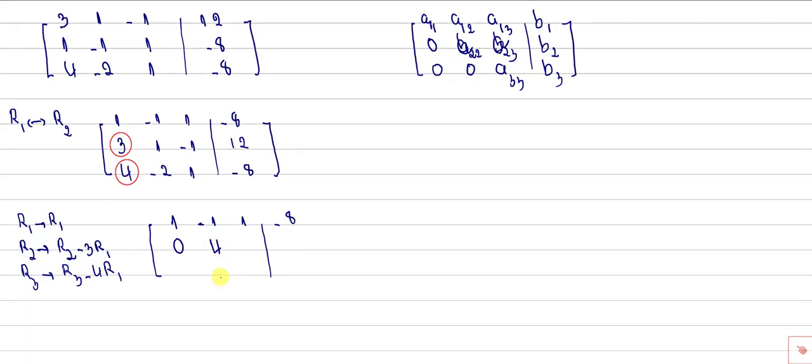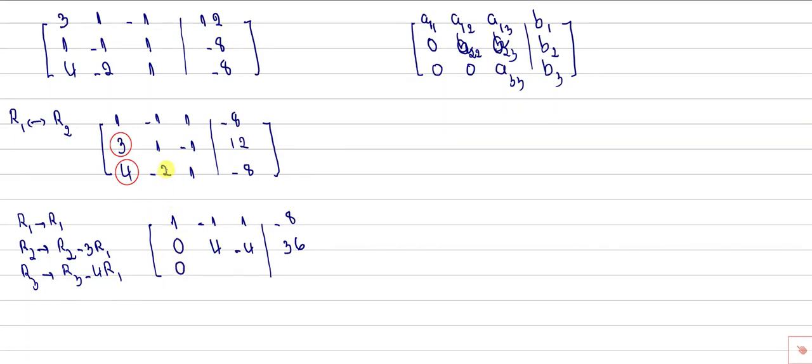So this one is 4. Minus 1 and minus 3 is minus 4. And this one 12, this is minus 8, 8 times 3 is 24, 24 plus 12 is 36. So this one is 0.